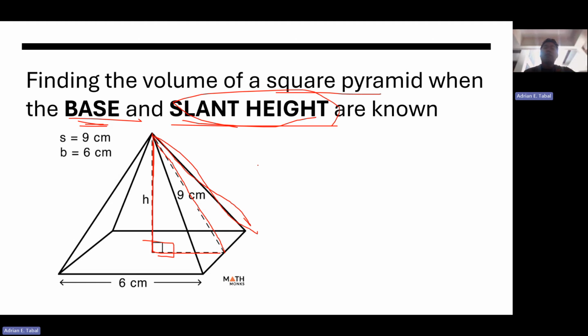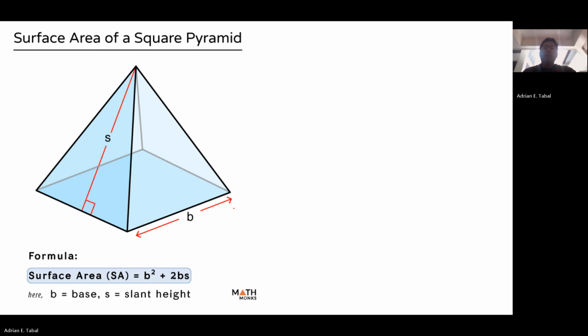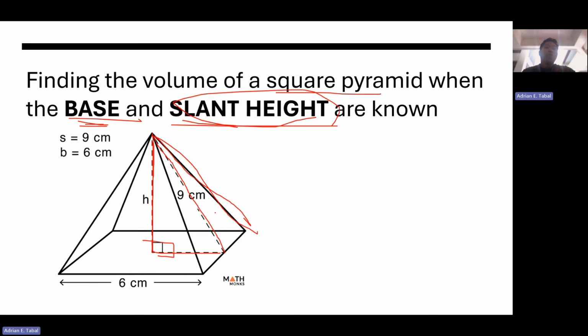So how do we get the volume of a square pyramid when the base and slant height are known? For example, in this figure, we have 9 cm. We also have 6 cm as our base.